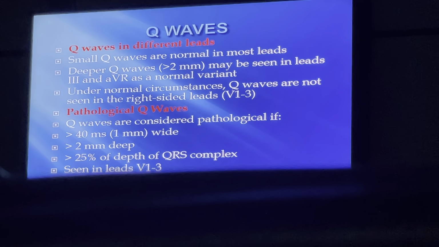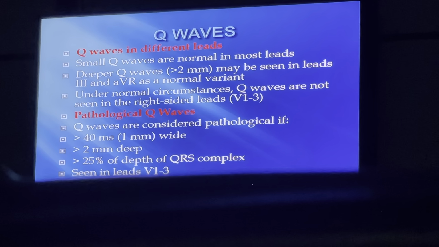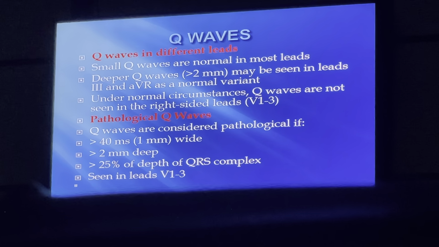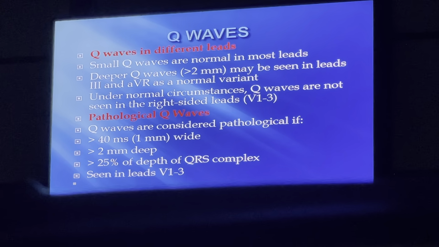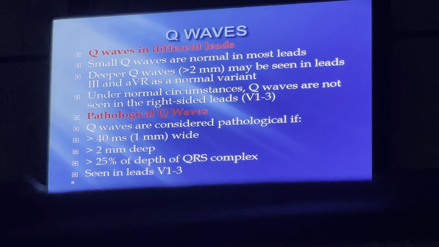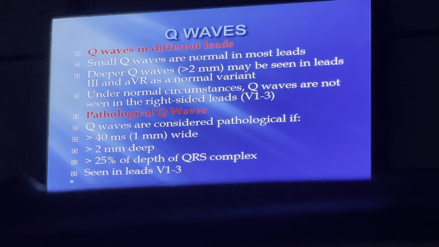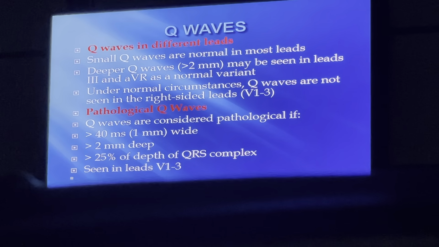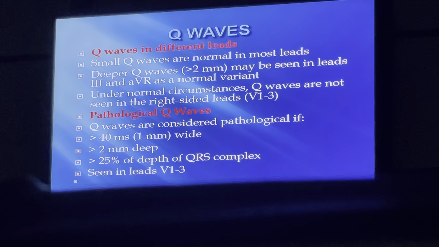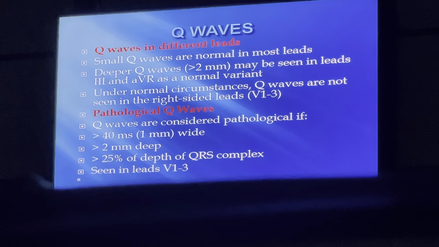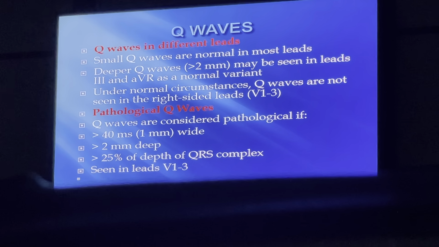Under normal circumstances, Q waves are not seen in the right-sided leads. So if you see a Q wave from V1 to V3, this might be due to old MI, because in leads V1 to V3 you see a small R wave in normal circumstances.